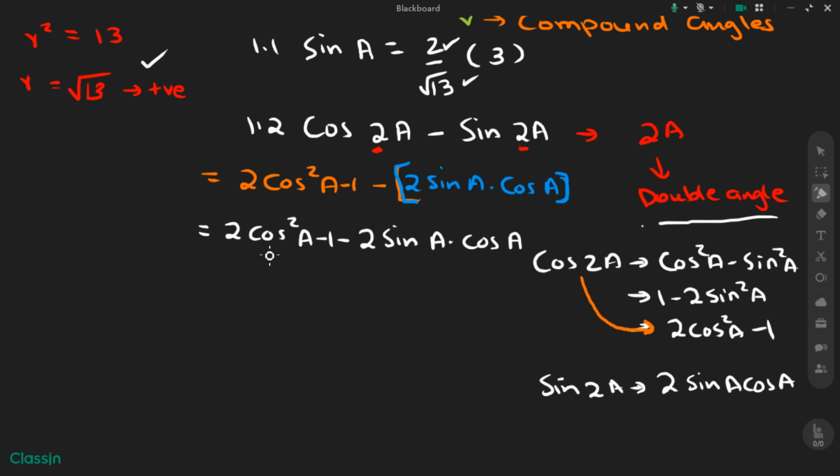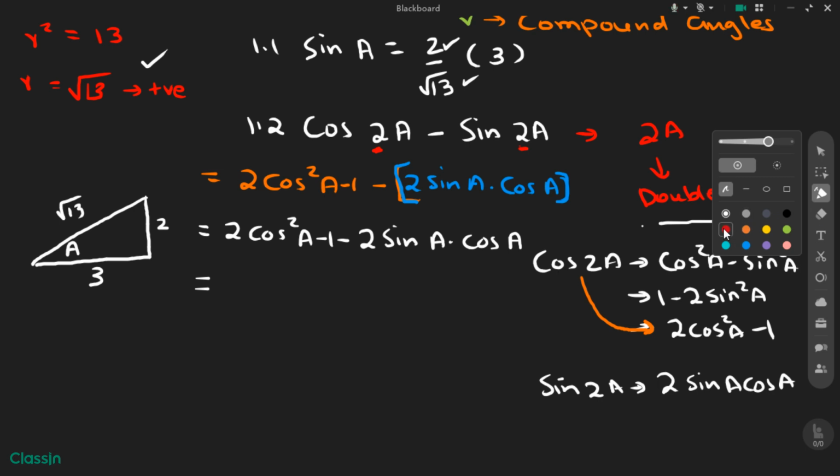Now, back to the triangle that we had. If you remember, the triangle was like this, where this is root of 13, that is your a, that is your 2, that is your 3. So now, where do I get the values here?